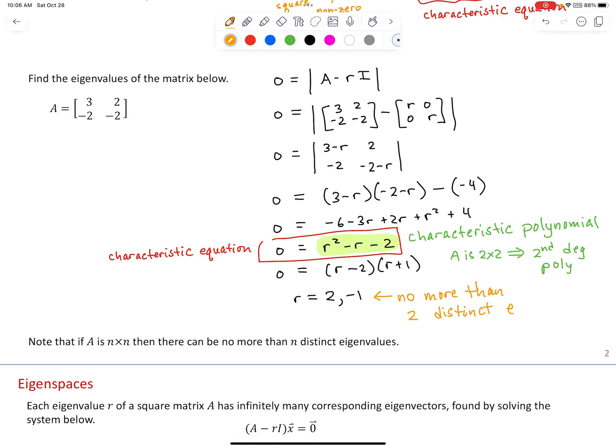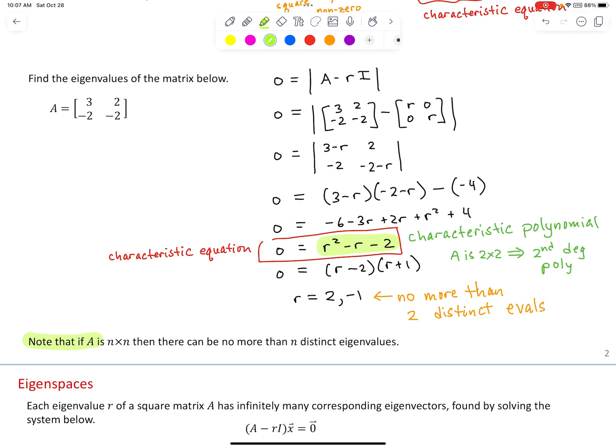Now for short, instead of writing out eigenvalues, it's common to write evals. So now reading right here, note that if A is n by n, then there can be no more than n distinct eigenvalues. So the size of A can be used to know ahead of time the maximum number of distinct eigenvalues.